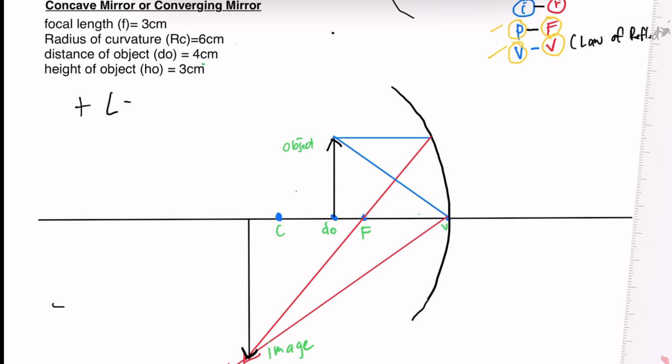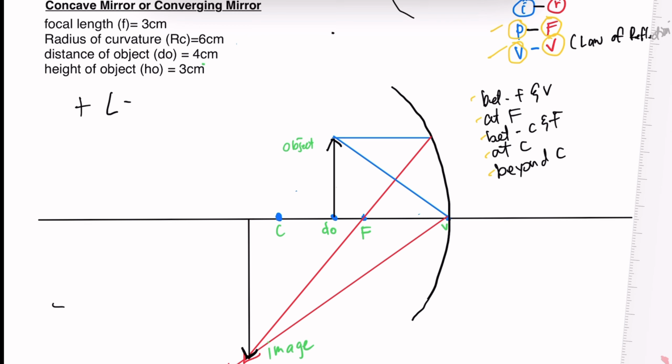So remember, we can use the following. We can say it is located between F and V, or at the focal point, or between C and F, at the center, or beyond the center of curvature, or beyond C. These are some of the terms that we can use to describe the location of a real image.